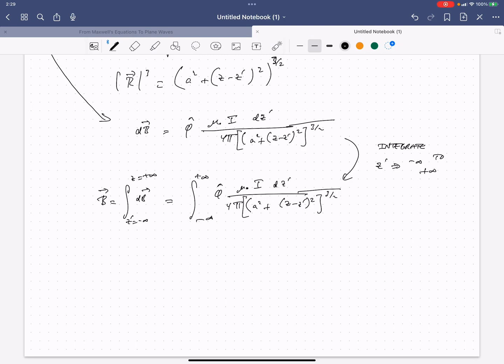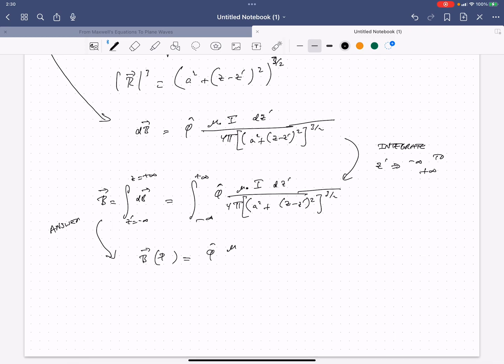I'm not going to do the integral, I'm just going to give you the answer. The answer is B. This is the magnetic flux at any point P, and it is in the phi direction.